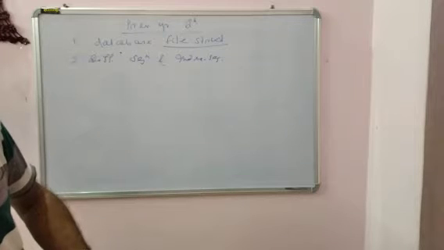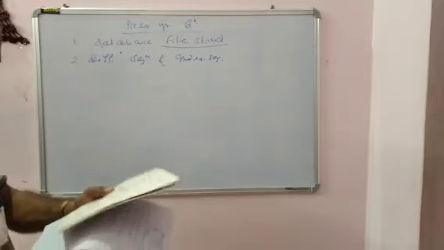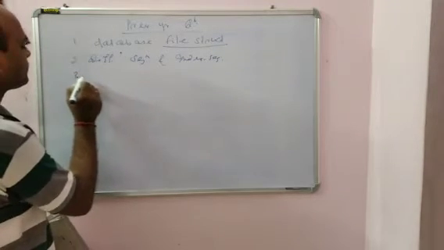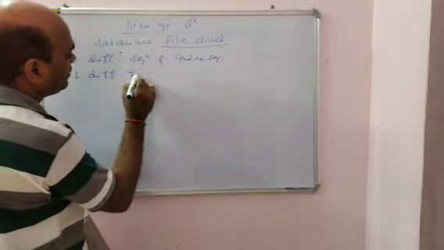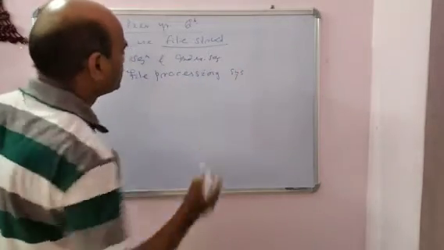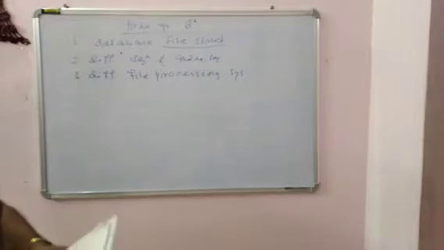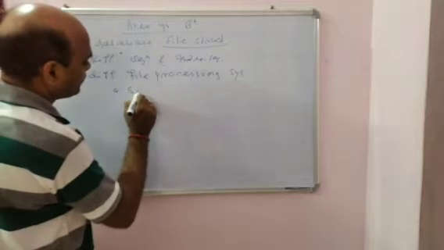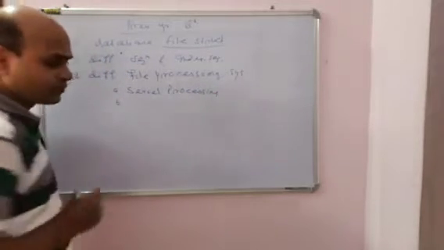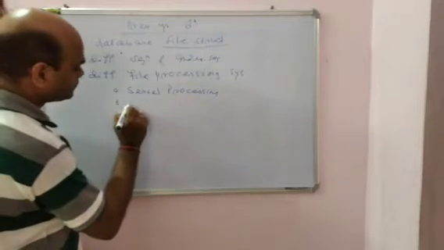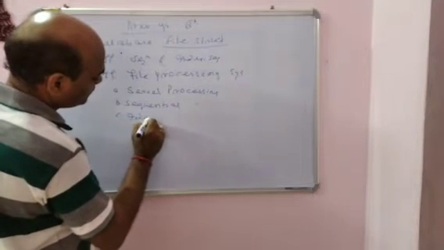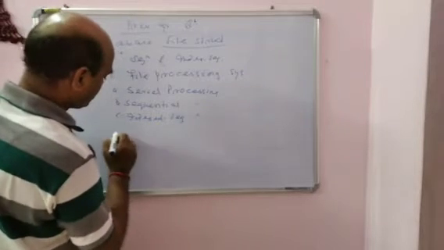So I think you can get different file processing systems. There are different types of processing, like serial processing, sequential processing, index sequential processing, and direct processing.